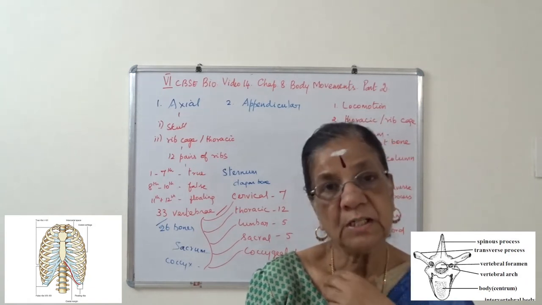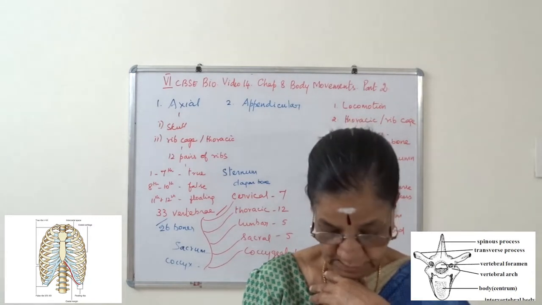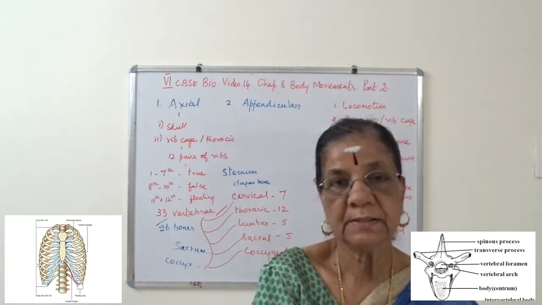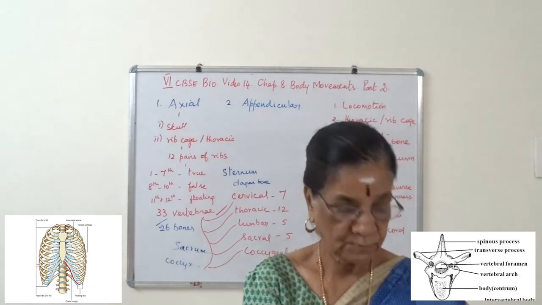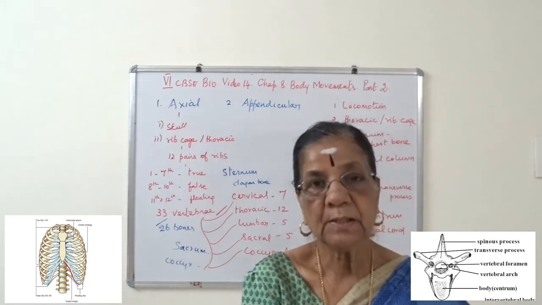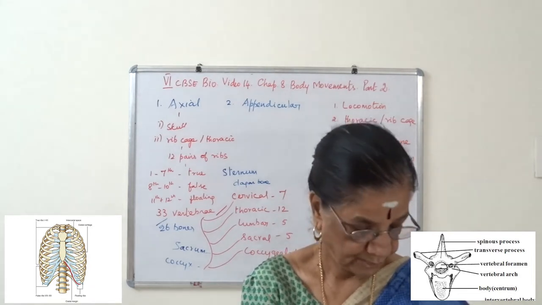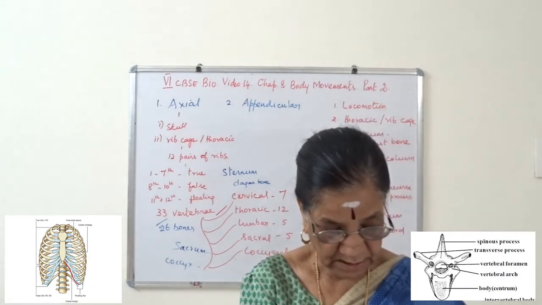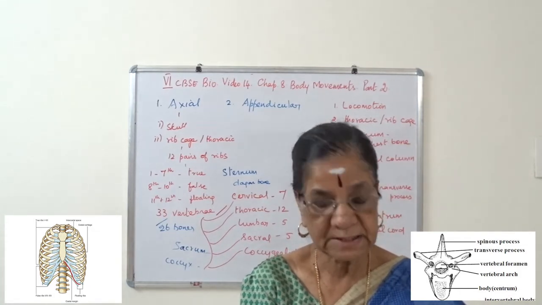Okay, what is the skull function? Can you say? The skull encloses the brain and protects it from injury. Note it down. The eye sockets of the skull provide support and protection to the eyes.